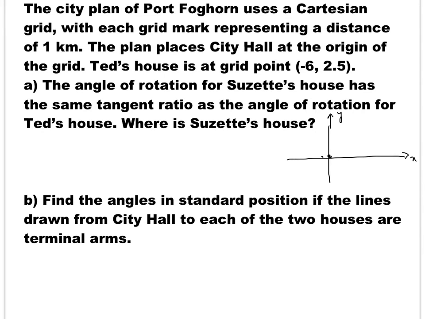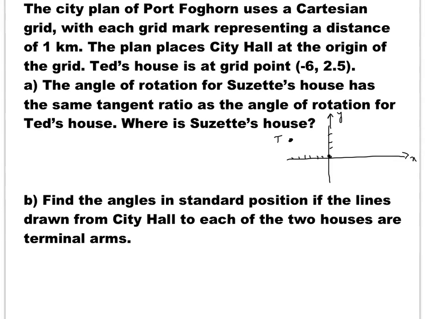So it's 1, 2, 3, 4, 5, 6, and 1, 2, 2.5. So it's going to be somewhere around here. This is Ted's house. The angle of rotation for Suzette's house has the same tangent ratio as the angle of rotation for Ted's house. Where is Suzette's house?